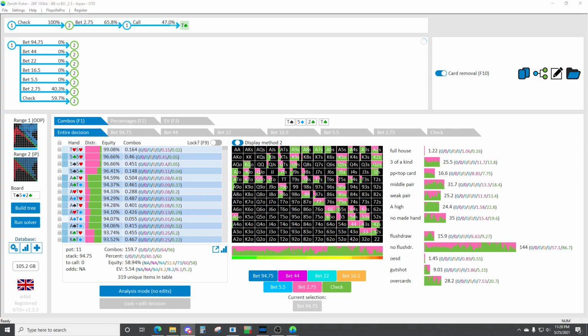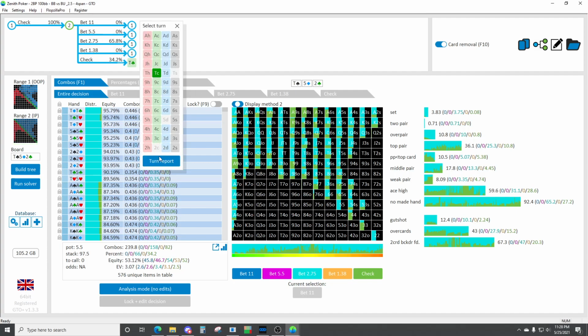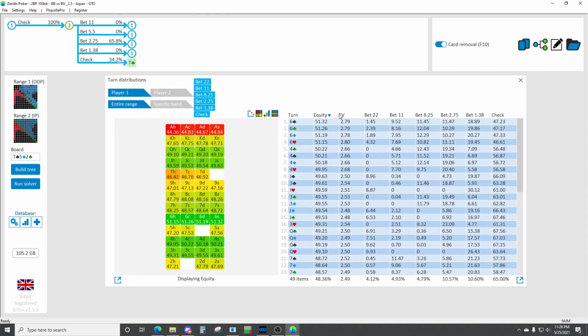But my point is, when you study post flop play, this is a lot of what poker is: understanding quality of runouts and how much a turn or river improves either player. So if you're studying these different lines, you just want to get an overview of this. Study the check line and then take a look at the turn report. Take a look at the equity for each player.